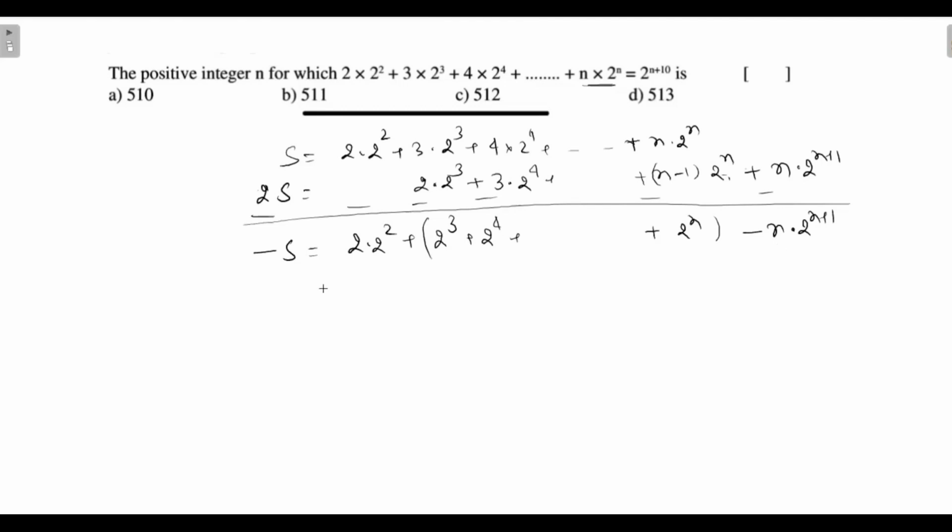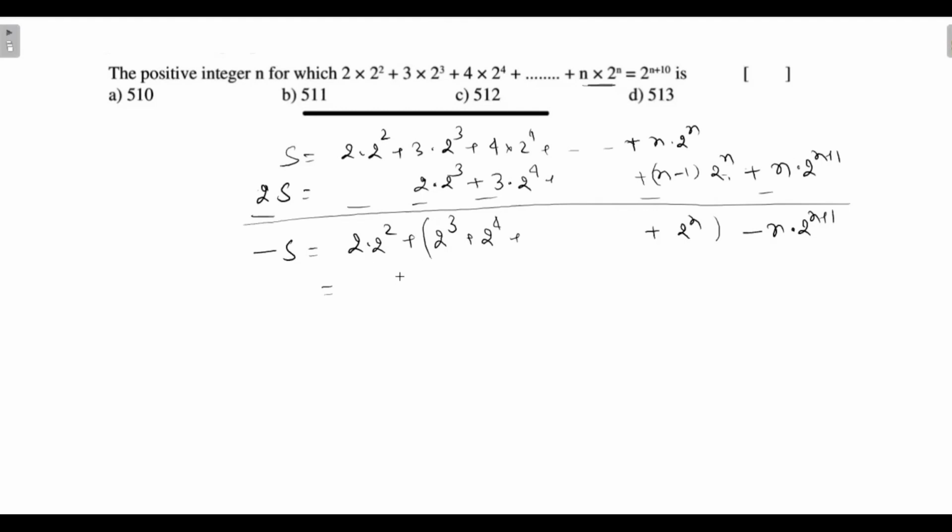Now this is the GP for sure. It's not quite, because before that there should have been 2 square. So I can just add a 2 square here and then before that there will be 2, so that everything is this way.